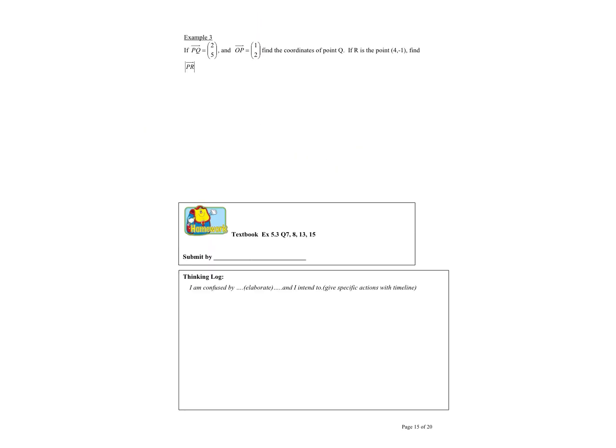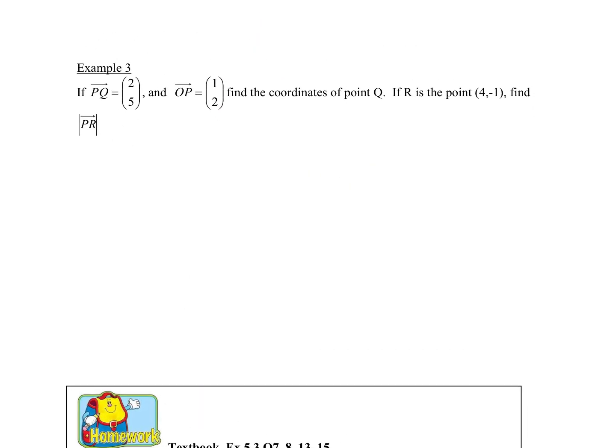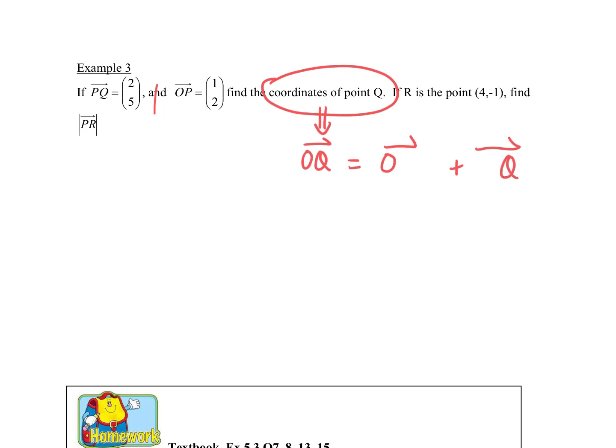Last question. Then at least we finish 5.3. Okay, PQ and OP, I want coordinates of Q. It's as good as asking you what is OQ. Okay, so remember I must start from O, end at Q. What is the interchange here?